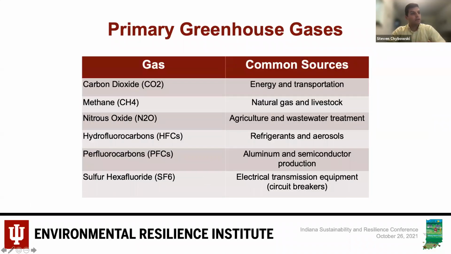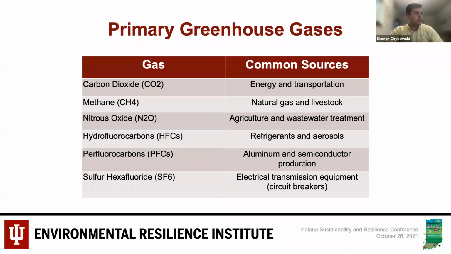And next, I want to cover what are the primary greenhouse gases contributing to climate change. So here we have the 6 primary greenhouse gases that we generally look at when it comes to greenhouse gas emissions accounting and inventories, and the common sources of where they come from. And we'll be revisiting this slide with a little more detail later on in the presentation.